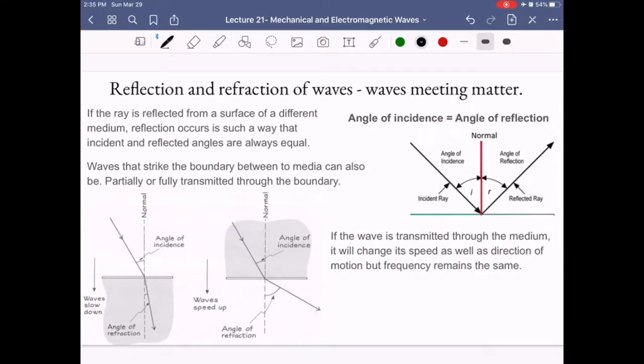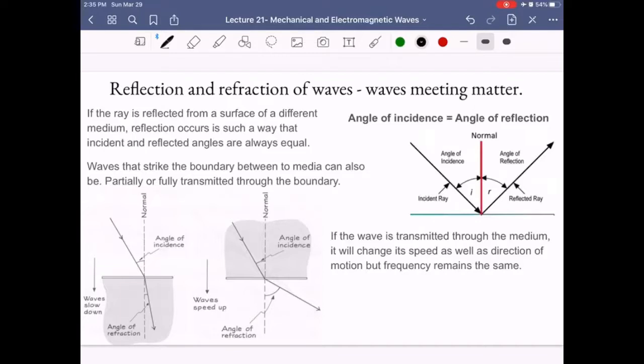Let's talk about reflection and refraction of waves. Before, we talked about what happens if 2 waves, or maybe more waves, meet each other at the same spot at the same time in space. But what happens if a wave meets a surface or some kind of interface between 2 media?